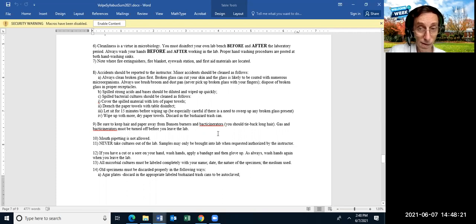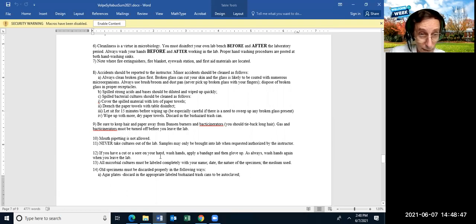You should have your long hair tied back or put in a rubber band so it doesn't fall into the Bacto Incinerator and then catch fire. No mouth pipetting is allowed in the lab. Never take cultures out of the lab. If samples are brought into the lab, you have to get authorization from the instructor.